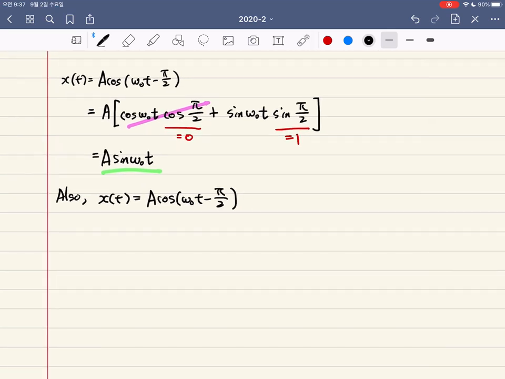So to do that, we make a small parenthesis inside the cosine, and you can bring omega 0 out of the parenthesis, and you get t minus pi over 2 omega 0. And obviously these are the same equation.